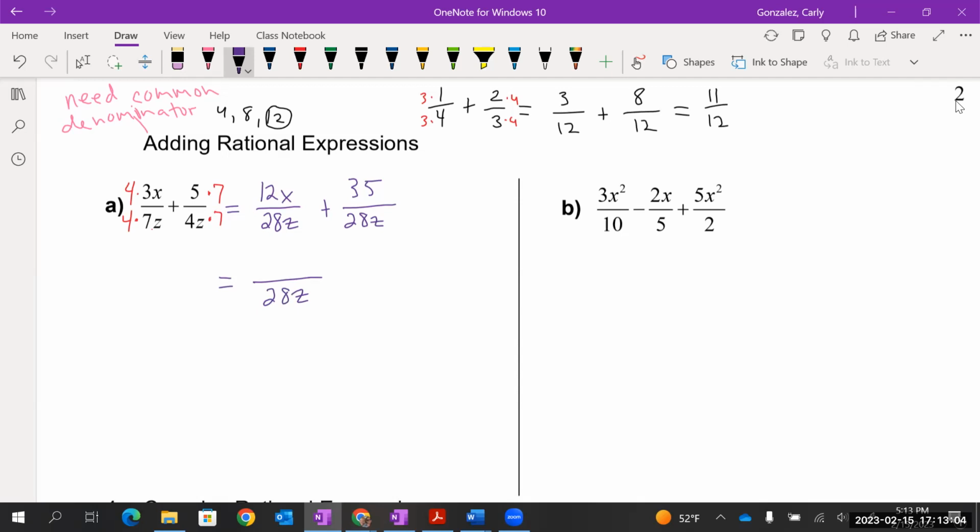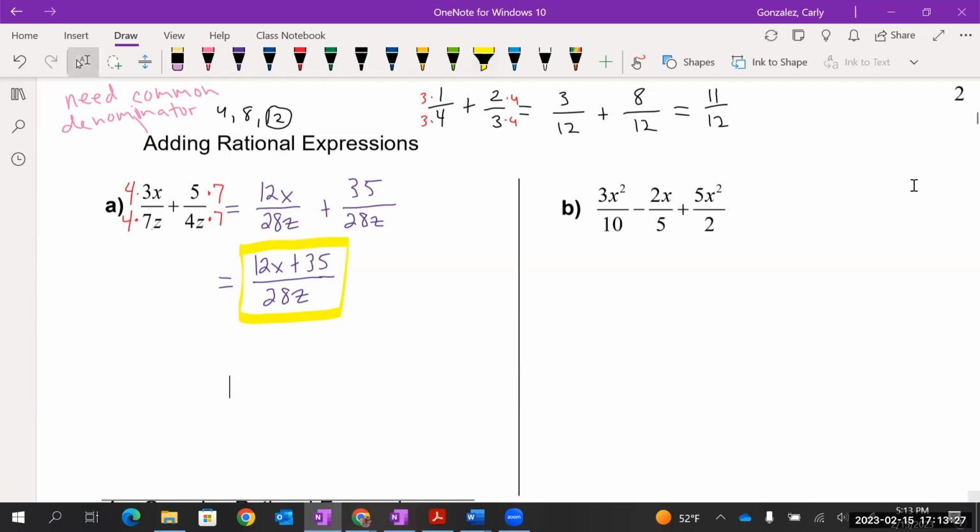However, notice that 12x has an x, but the 35 does not. So we will just write that as 12x plus 35. All right, so that is our final answer now: the 12x plus 35 all over 28z.